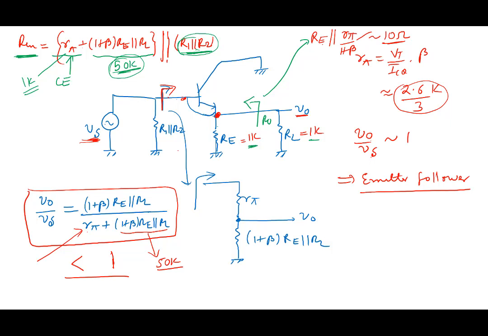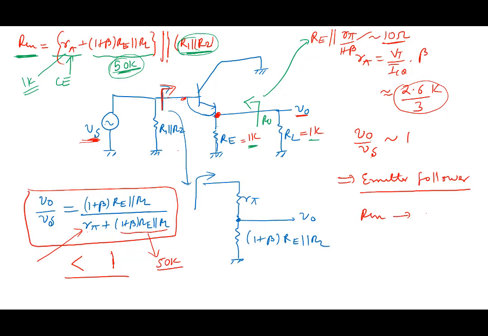So here is an amplifier which gives you no gain. Rn is high and R0 is low.